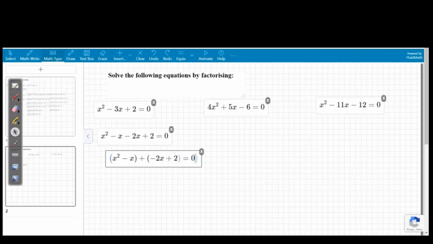Let me take care of this bracket, it's not supposed to be there.